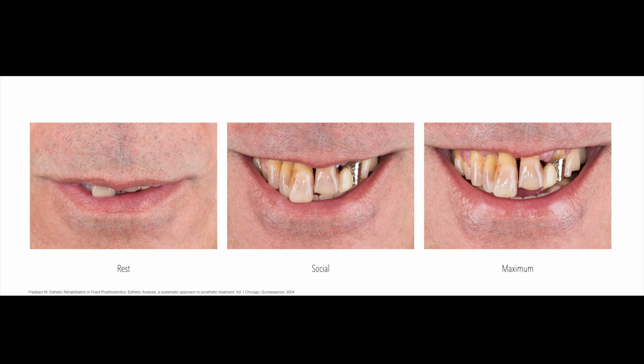Because all of us know how much gingiva or how many teeth we show when we smile, and if we have something that we don't like, we try to hide it. So that's why it's super important to ask him to do the maximum smile, to analyze how many teeth we are seeing in this smile, and if the teeth are long, if the gingivas are okay, and all this information.